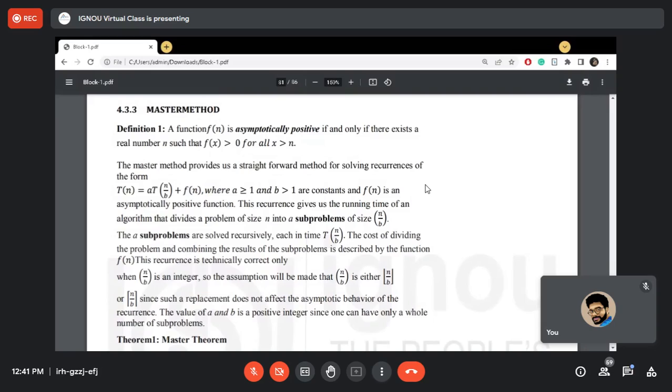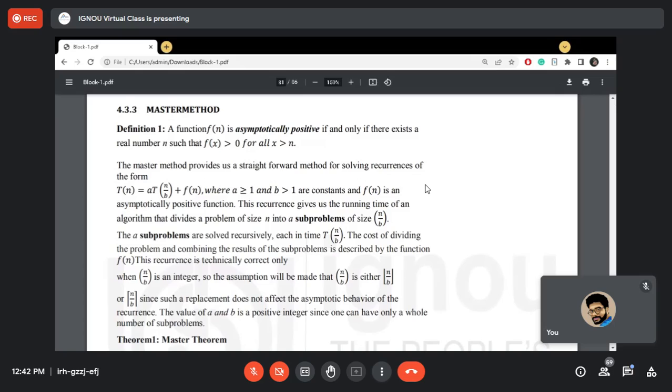So here is the master method. In the master method we have a function that is asymptotically positive if and only if there exists a real number n such that f(n) is always greater than 0 for all x greater than n.